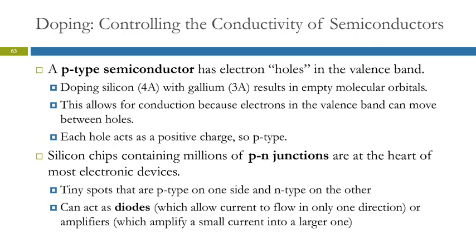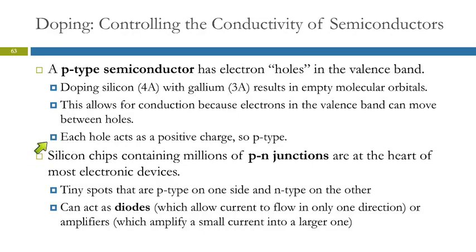The electron next to the hole can move into it, creating a hole behind it, and then the next one can move in. So you've got this shuffle effect. You can think of that as the electrons moving or as the holes moving in the opposite direction. That's why it's called a P-type. So you can adjust the conductivity of semiconductors by adding other materials in.